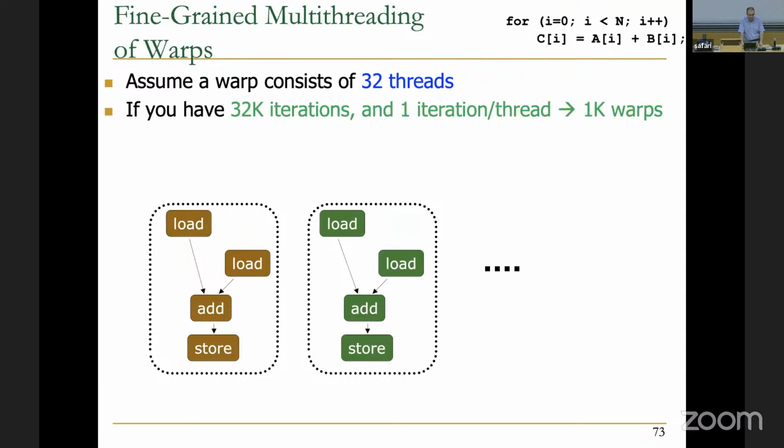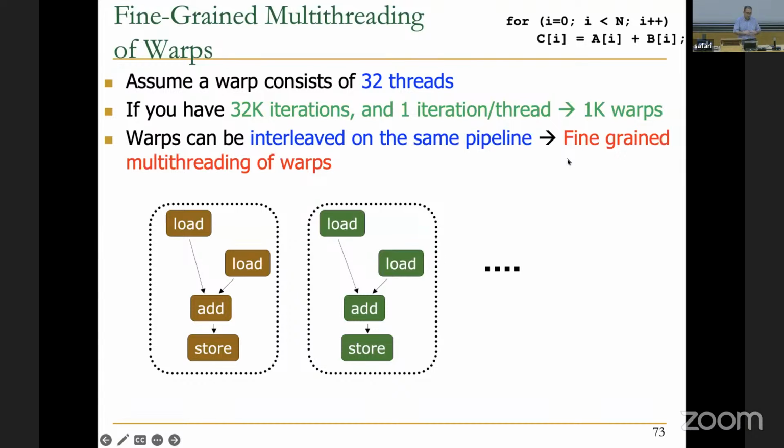And if you have 32,000 iterations and one iteration per thread, eventually you're going to have basically 1,000 warps in your system. So now you have 1,000 warps, and these warps need to be scheduled to your pipeline. So they are interleaved on the same pipeline, which we call fine-grained multi-threading of warps.